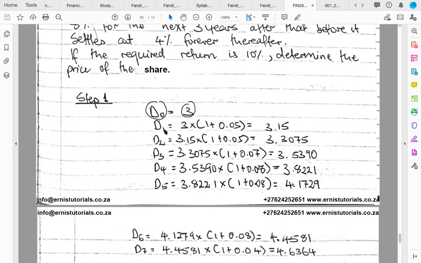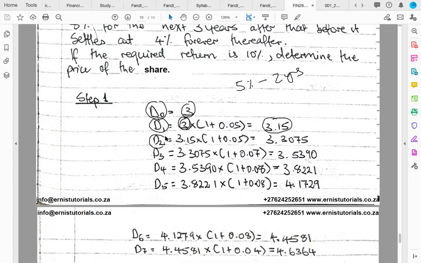And then we say D1 is equal to D0, which is the current dividend, multiplied by 1 plus 0.05. Remember, we were told that it's going to be 5% growth for the first 2 years. So to get the dividend at the end of year 1, we take the current dividend, D0, multiplied by 1 plus 0.05 to give us D1, right? That's the expected dividend at the end of year 1.